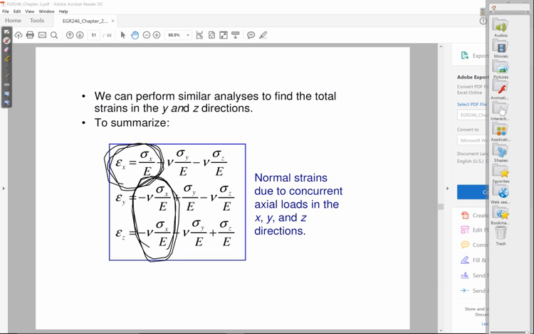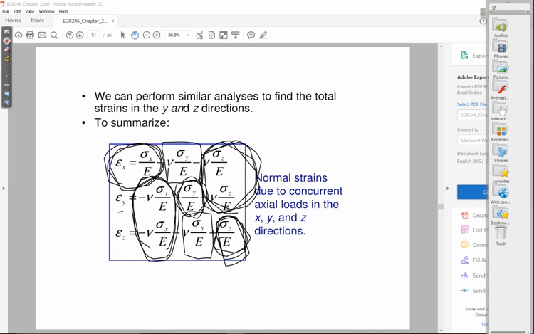For sigma y, I get a direct effect on epsilon y, but then I get these indirect effects on epsilon x and z. And finally, for sigma z, I get a direct effect on epsilon z, but then I get these indirect effects on x and y.